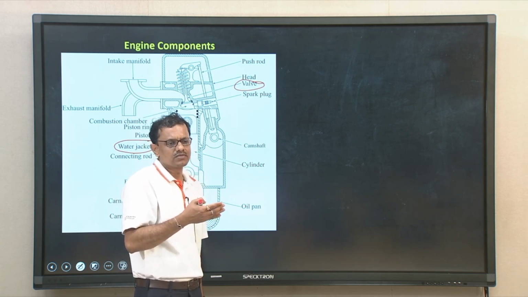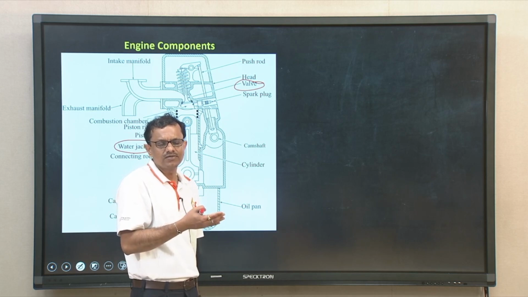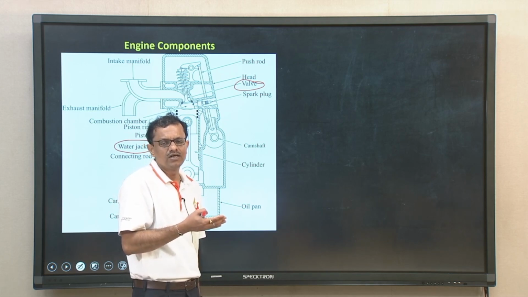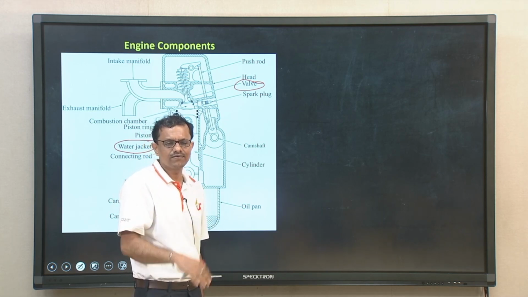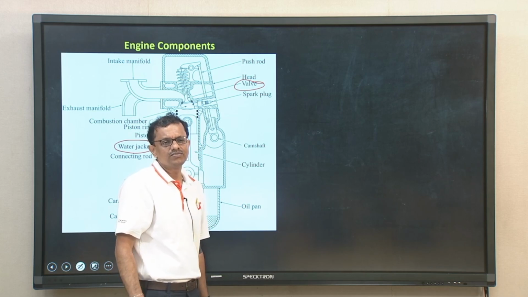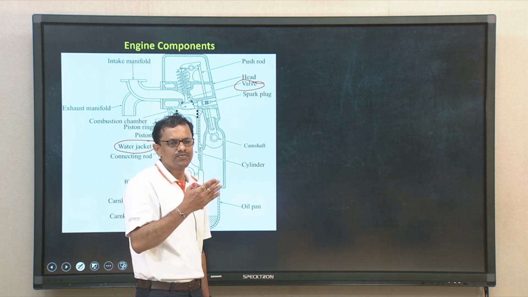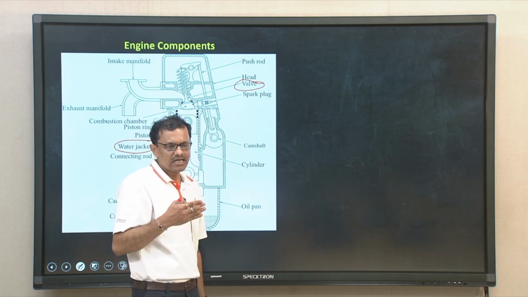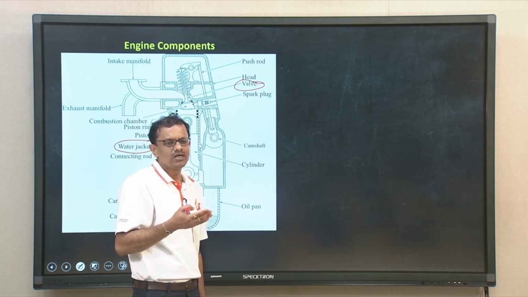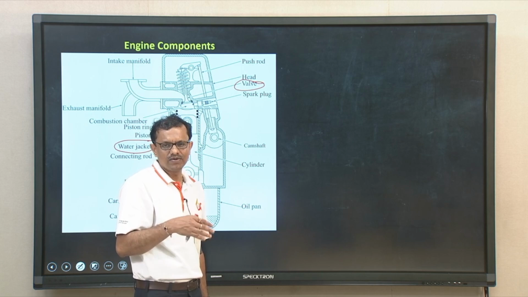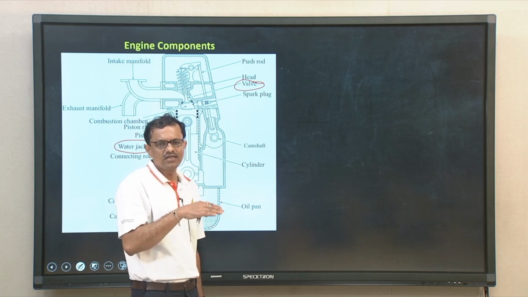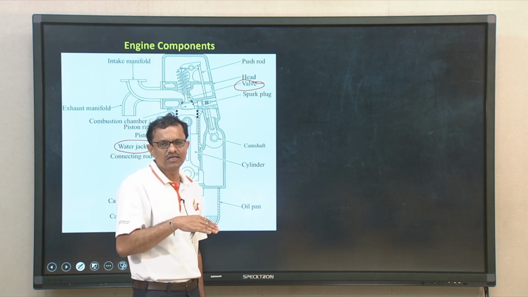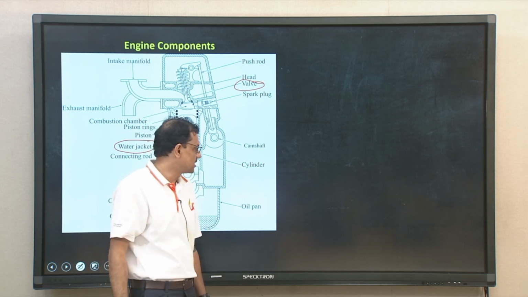If we do not supply coolant in a water cooled engine, or do not provide extended surface over the periphery of the engine cylinder, then excessive rise of temperature during combustion will invite several problematic issues. So, this coolant is circulated through the cooling water jacket so as to reduce the temperature of the engine cylinder.